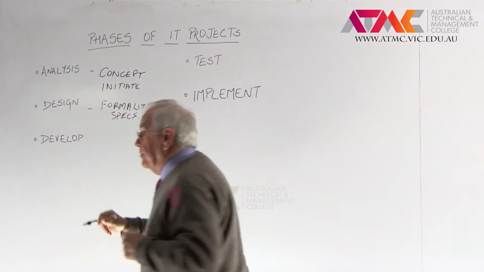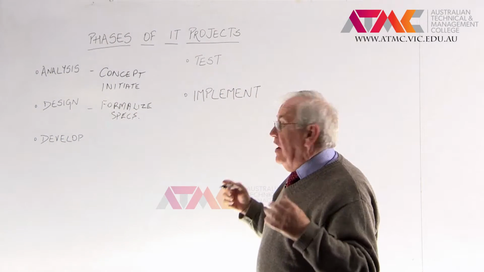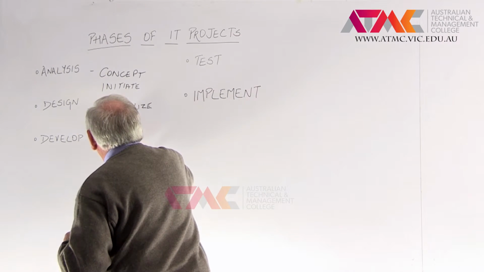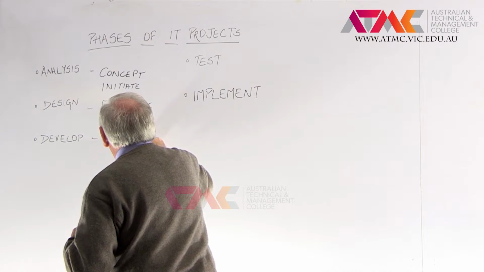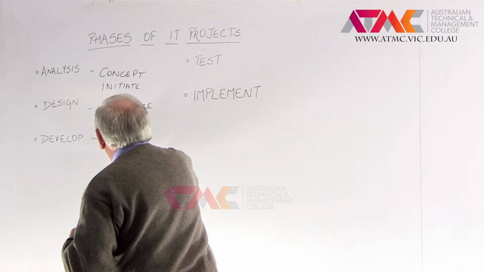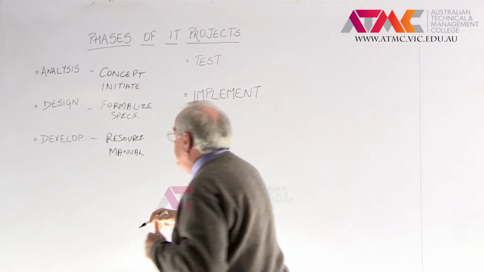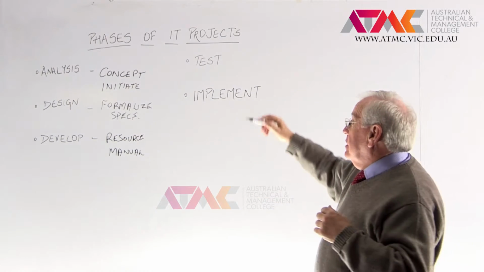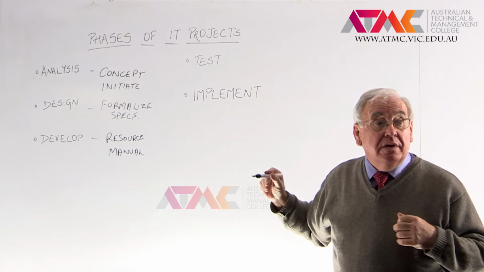And in the development, we started looking at developing the things, maybe the hardware, the manuals, the resources, or the manual. We look at those things. We don't actually develop those things, but we look at that to put into our plan. They're the things that we need to develop.